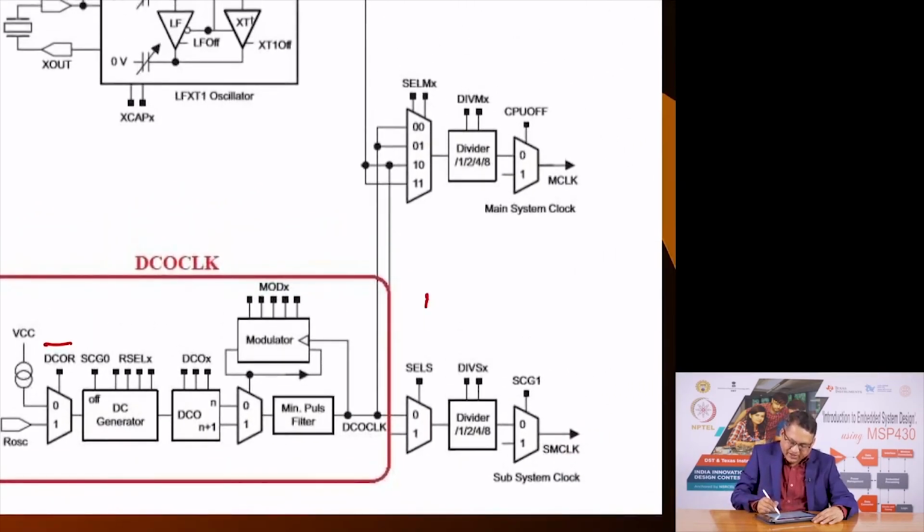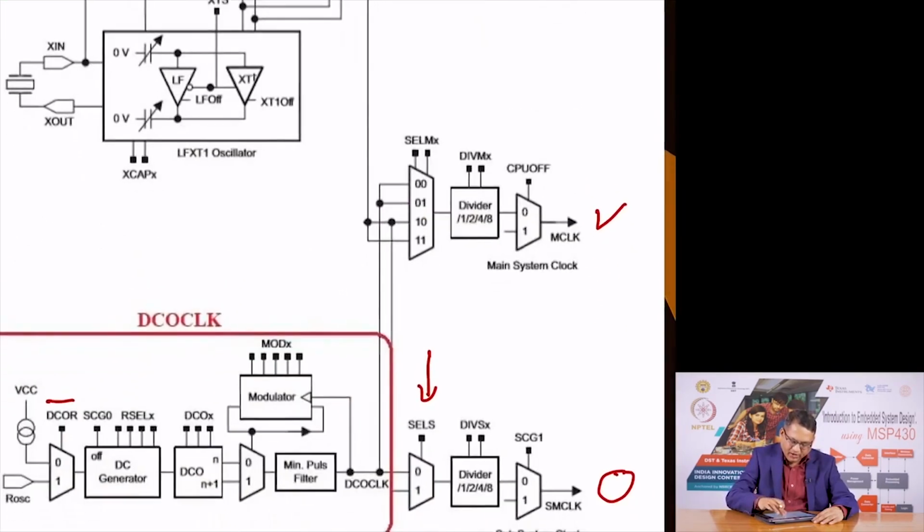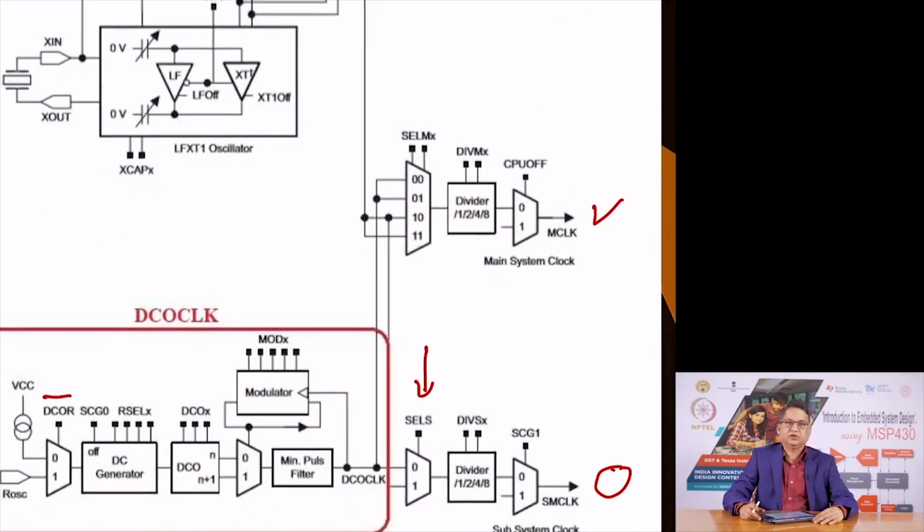Further, you have a multiplexer here, as we had seen in the simplified block diagram, which allows you to select the SM clock here, as well as you see here, this signal goes and feeds to the master clock also. We come to that shortly, but this is the part about the clock source, that is the DCO.